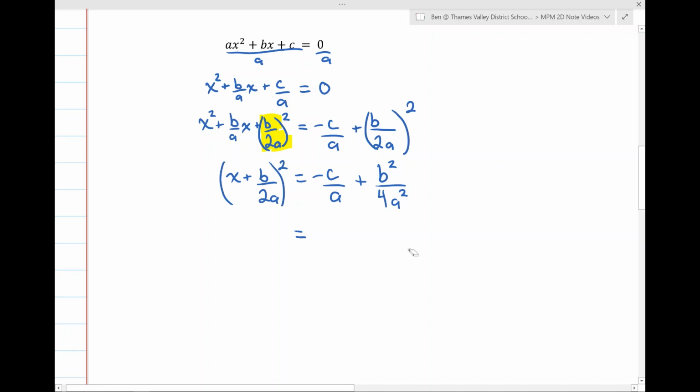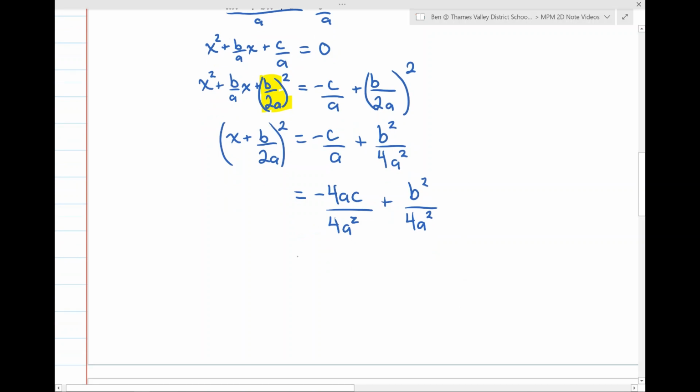Here our common denominator would be 4a squared, and that would bring us to negative 4ac in my numerator here on the left, divided by 4a squared, plus b squared divided by 4a squared. Now that my denominators are the same, I can manipulate the numerators. I can add those together, write it as one fraction. So I'm working with b squared minus 4ac, all divided by 4 times a squared.